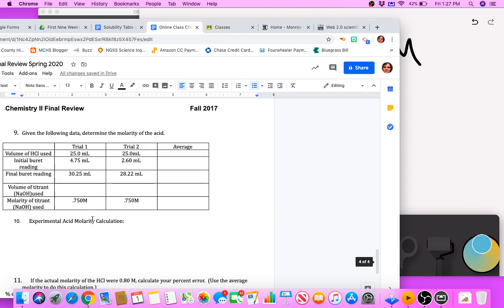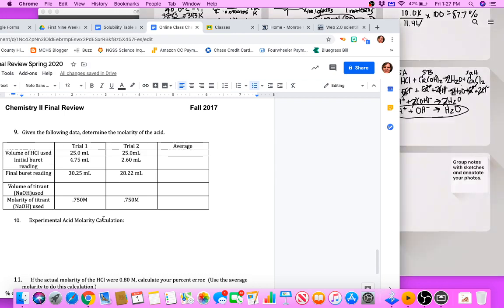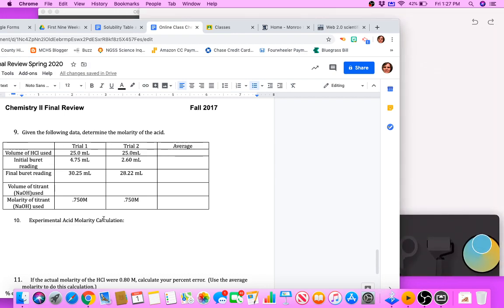Okay, moving on. This is something that we also had trouble with last week on our exam: completing this data table. What we're going to need to do is, basically, we're adding and subtracting. And when it comes to significant digits, when you're adding and subtracting, you go by the least number of places past the decimal.